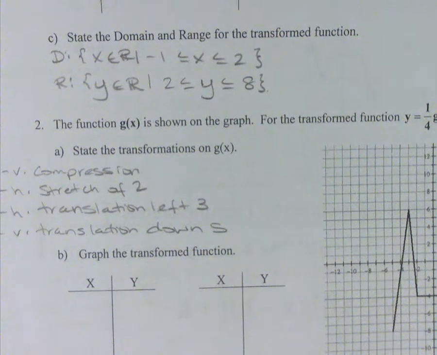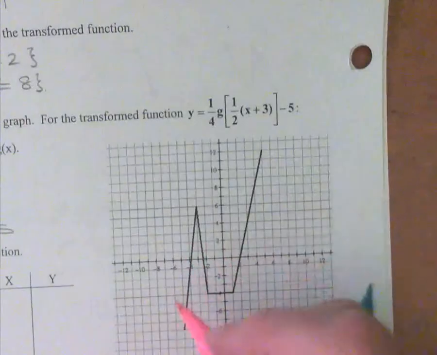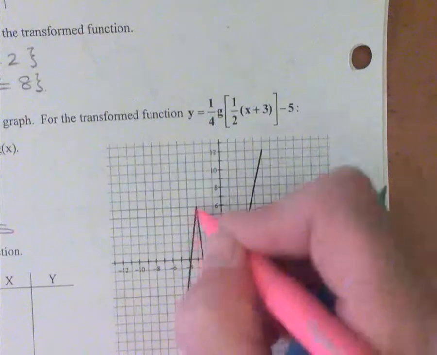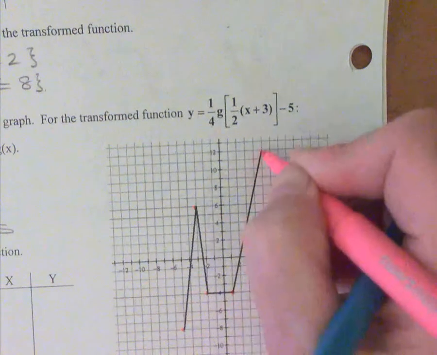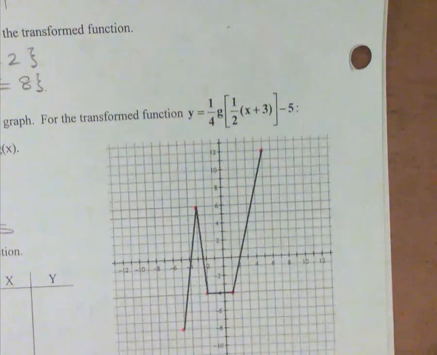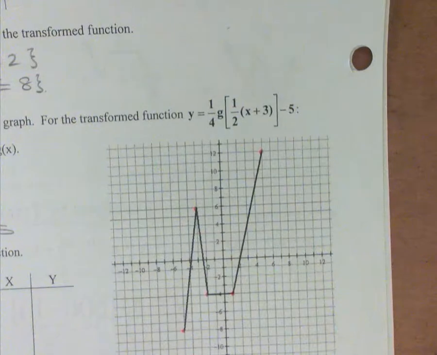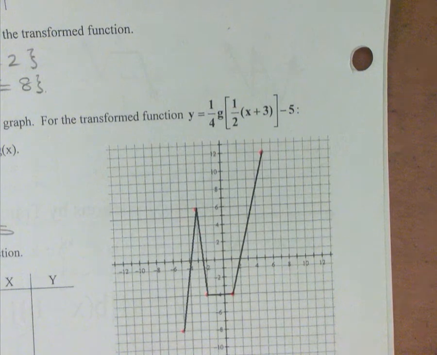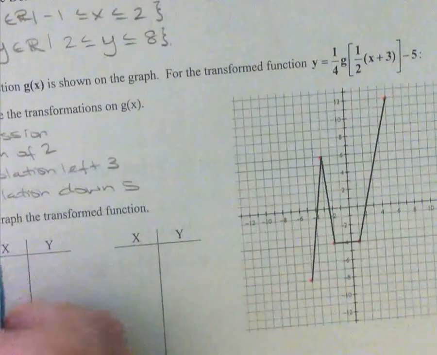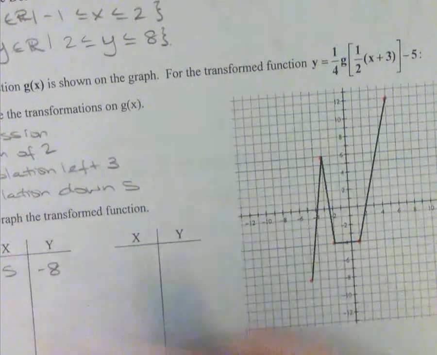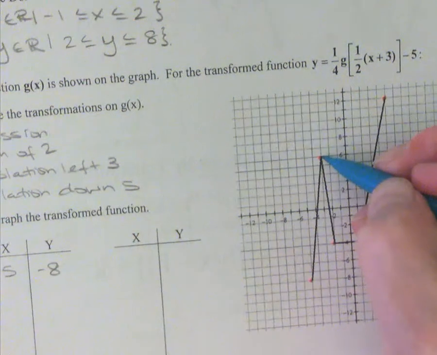Okay, so again, what I want to do is find key values. So I start here, and here, and here, start here, and here. Those are the points that I'm going to use to create a table of values. If I start over here, I'm at -5 and -8. Next point is there.